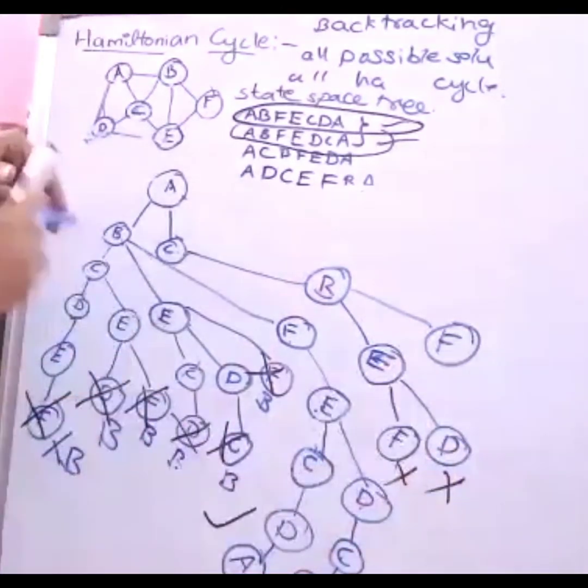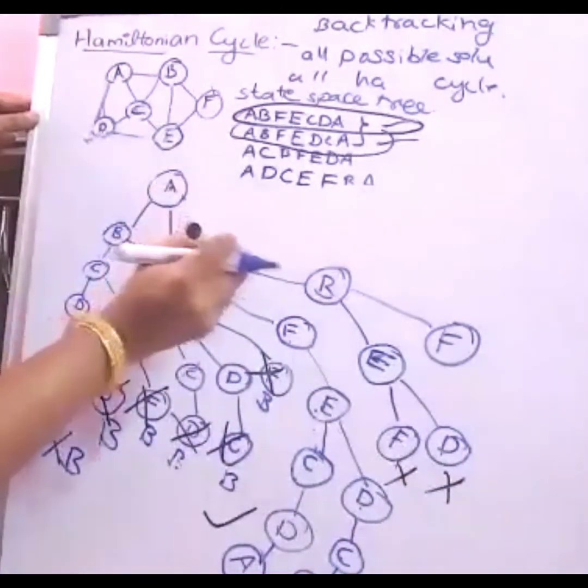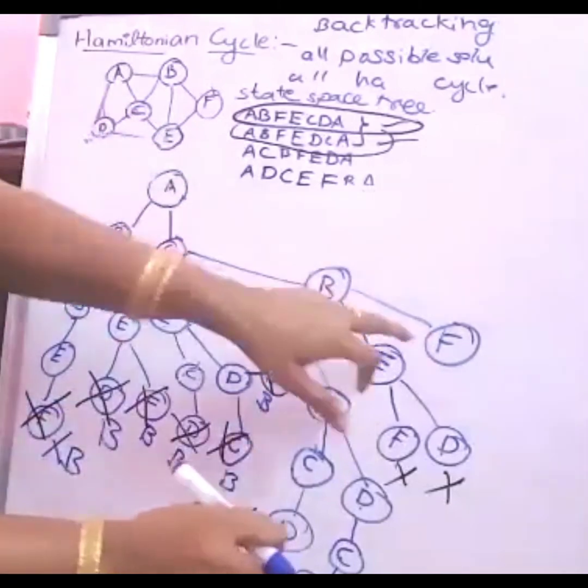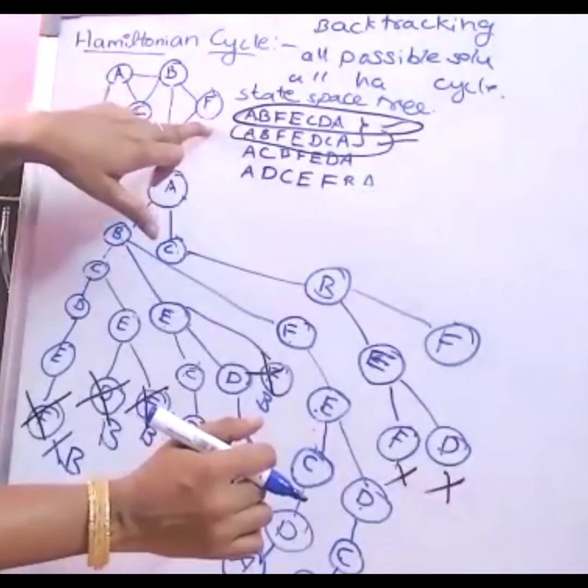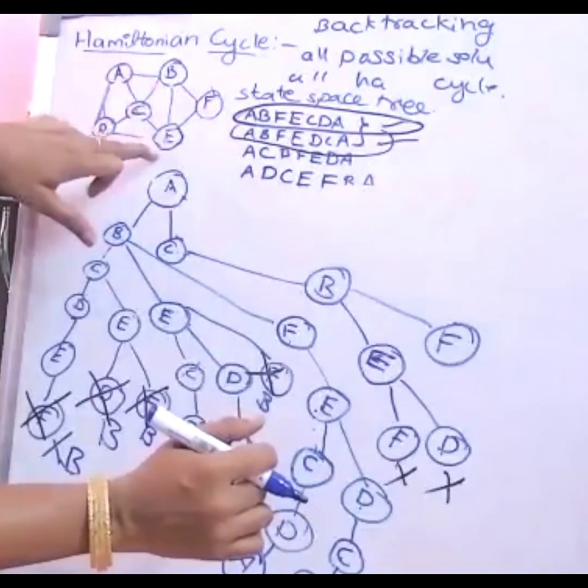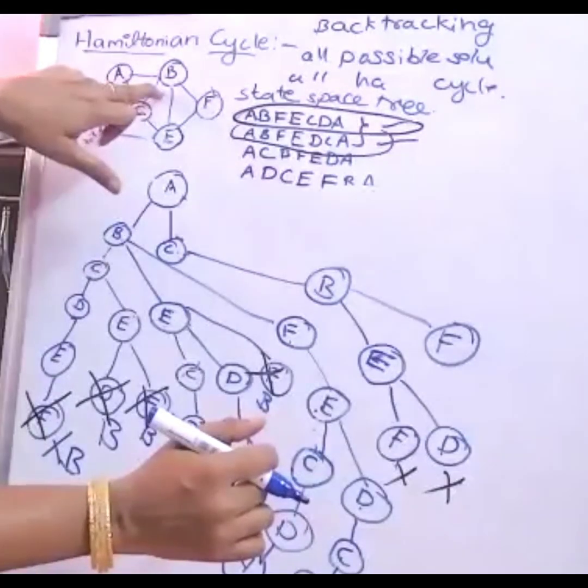Now the visited vertices till this point are A, C, B, F. From F, is there any connectivity to unvisited vertices? From F, only two paths are there, B and E. B we already covered in this path.